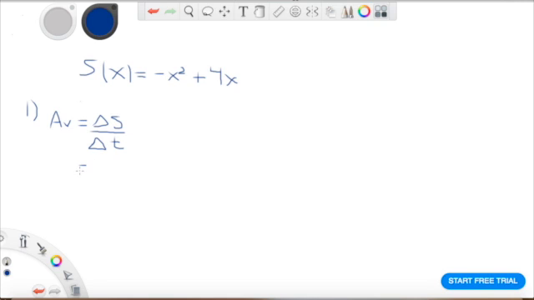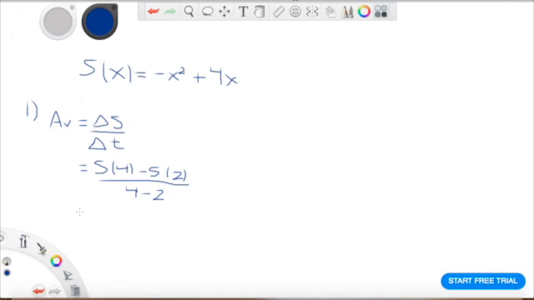So we're going to have s at 4 minus s at 2, divided by 4 minus 2.